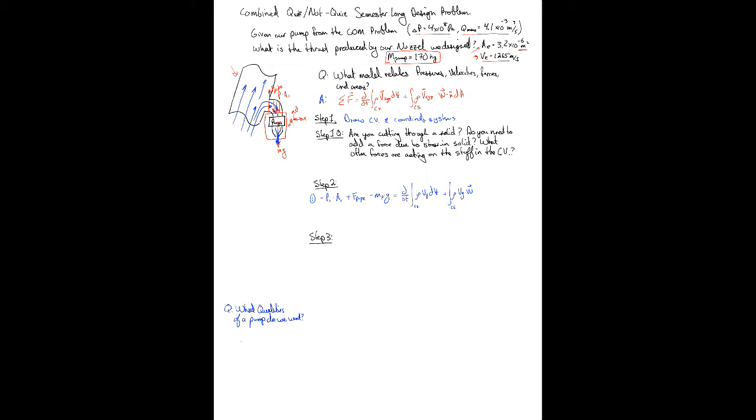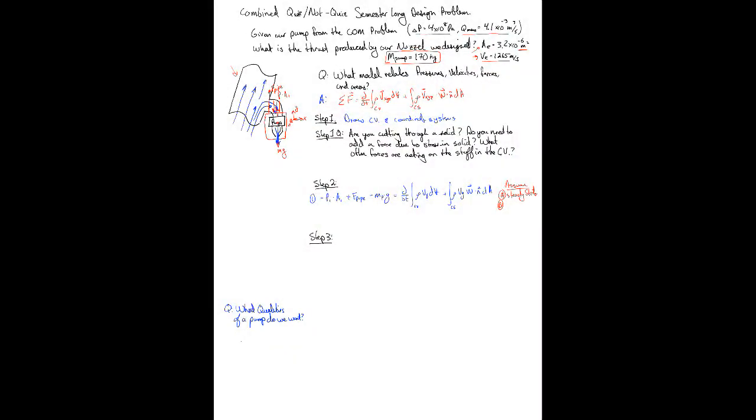And we have to make some assumptions. So let's make some assumptions. We're going to assume A, steady state, which we can assume because nothing is changing with time, right? We're assuming this pump is just chugging along, producing a crazy amount of thrust.